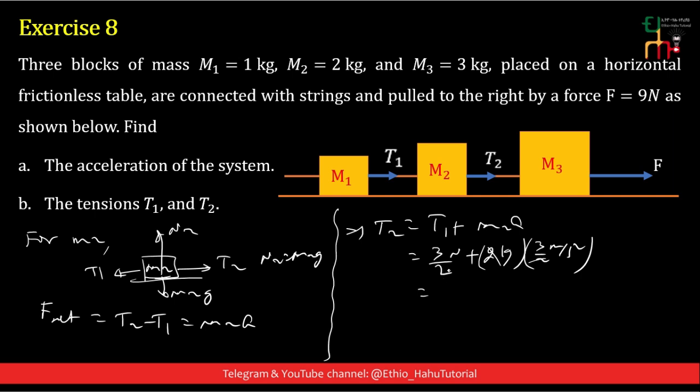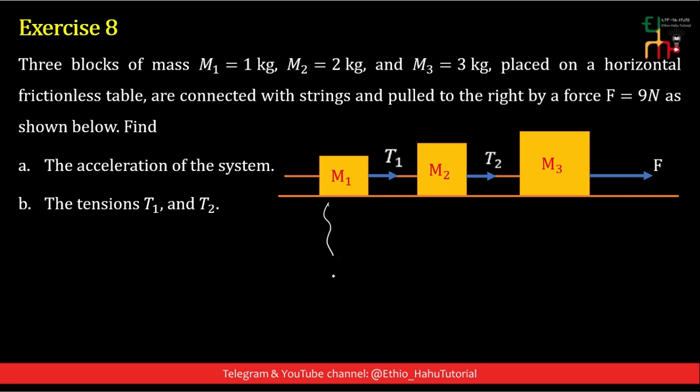This is equal to 3/2 plus 3, which is 9/2 Newton. Tension T2 is 9/2 Newton. This is one option, by first finding the acceleration of the system and then applying dynamics of particles, or Newton's second law of motion, for each system to find the tension in the string.